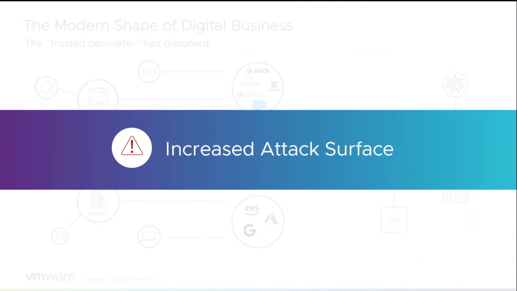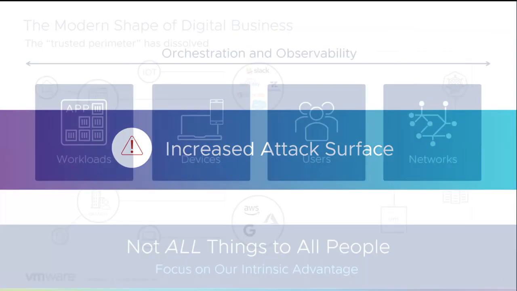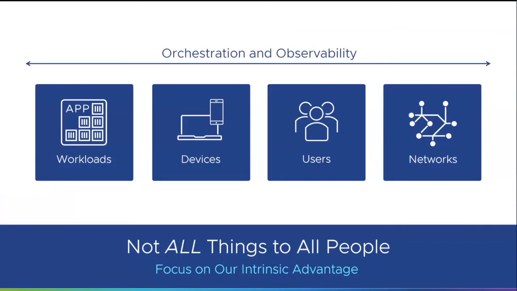So just the amount of services, applications, devices that are now potentially being exposed to attackers. To protect this expanded attack surface, you really need an adequate level of visibility and control across these workloads, devices, users, and networks, both to prevent, detect, and respond to any emerging threats.